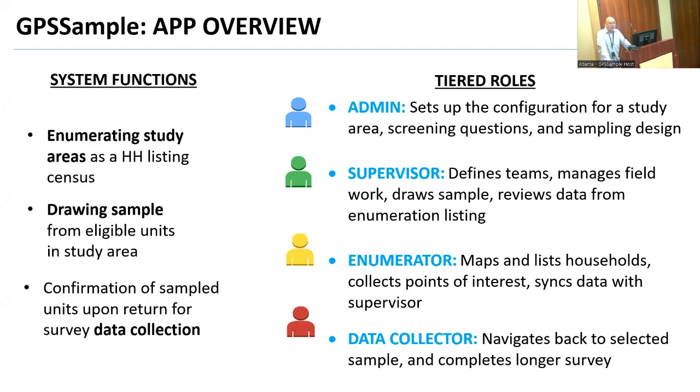The enumerators are people that go out and do census surveys and collect information about the area you are in. And ultimately, the data collector is the person that goes out and actually conducts the surveys based on the sampling and the selected households.